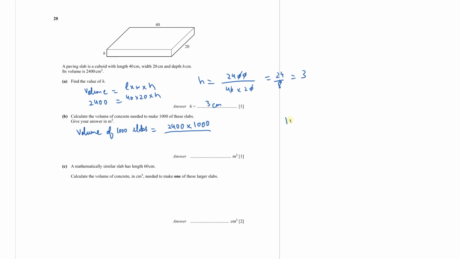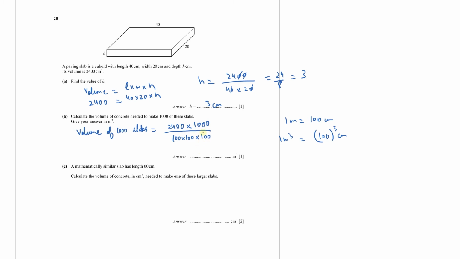We know that 1 meter equals 100 centimeter. So 1 meter cube will be 100 cube centimeter. Since this is in centimeter cube, to convert this into meter cube, you will have to divide it by 100 cube, which is 100 into 100 into 100.